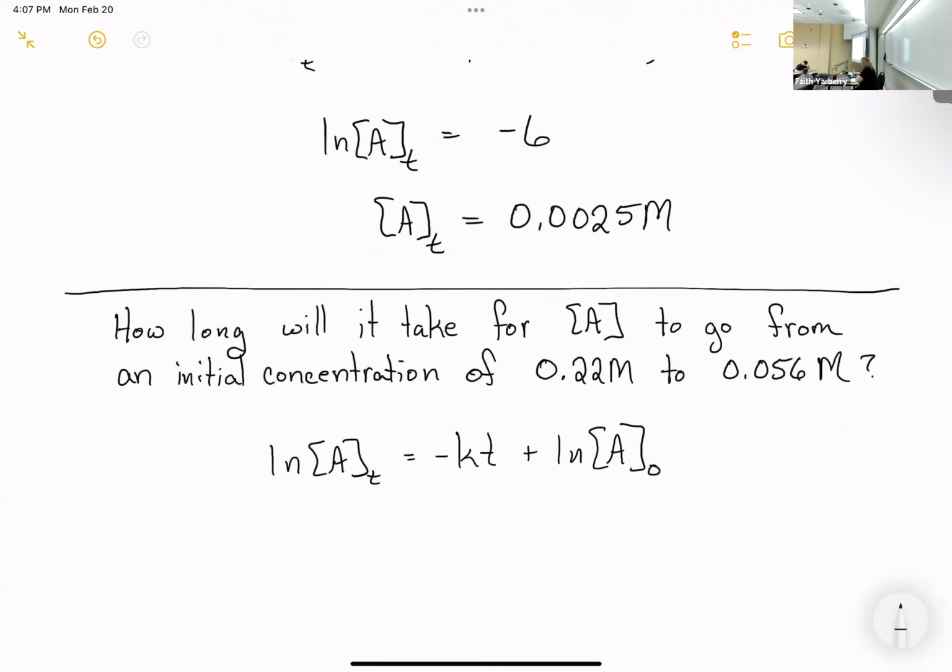And since it is first order, we can expect that the slope is still negative 0.02 per minute, because that's the rate constant. It's a constant, folks, based off of the reaction. This equation is based off of the reaction.